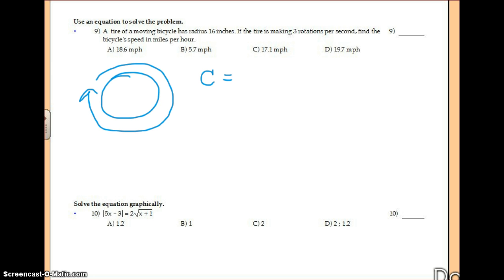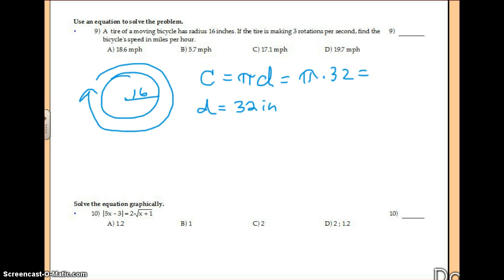So circumference is pi times diameter. We know that the radius of our bicycle tire is 16. If the radius is 16, then that means our diameter is going to be 32 inches. When I find the circumference, that's going to be 1 rotation around my tire. The circumference then is pi times 32, and we'll work that one out.